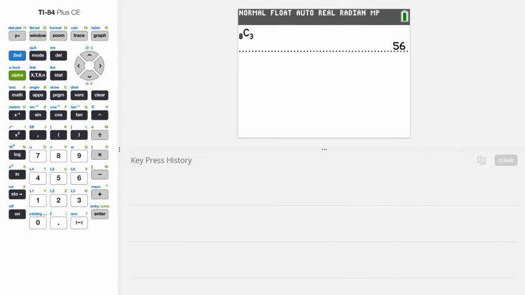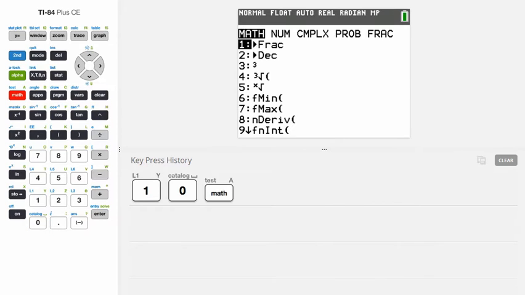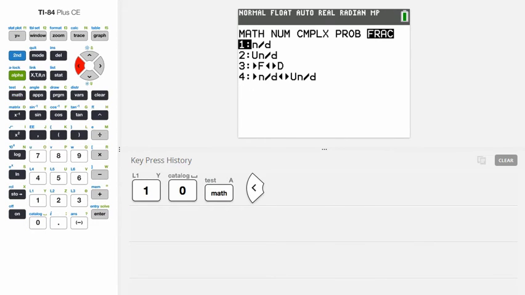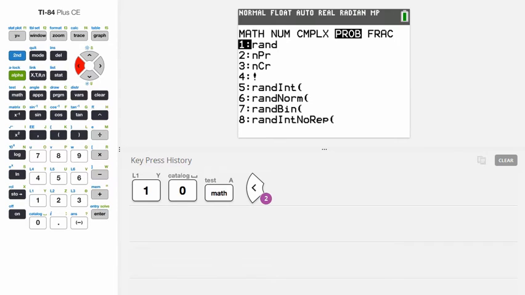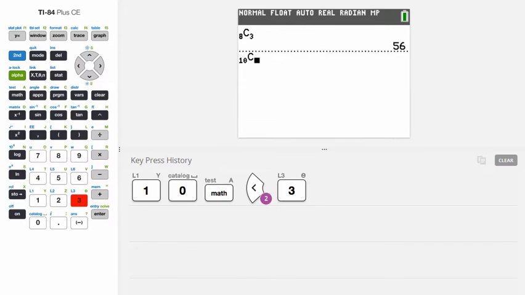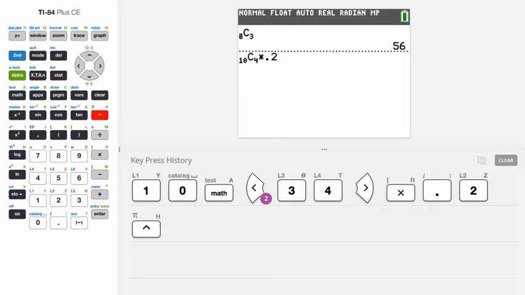Calculating. We want to start with our combination, 10, go to the math menu, over to probability, and we want nCr. Then we type in our r, which is 4, arrow right. You can either now use your times or just the parenthesis, 0.2, exponent, 4th power, right arrow to get out of the exponent, open parenthesis.